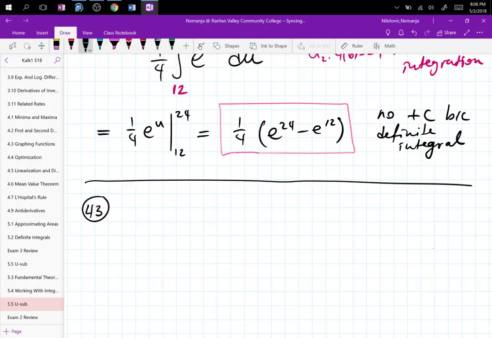Problem 43. It says integral from -1 to 2 of x squared e to the x cubed plus 1 dx. What should be my u? Remember, you're looking for a function derivative pair.